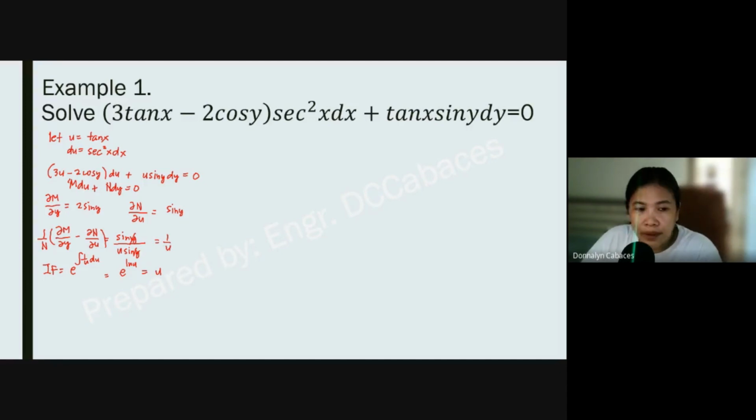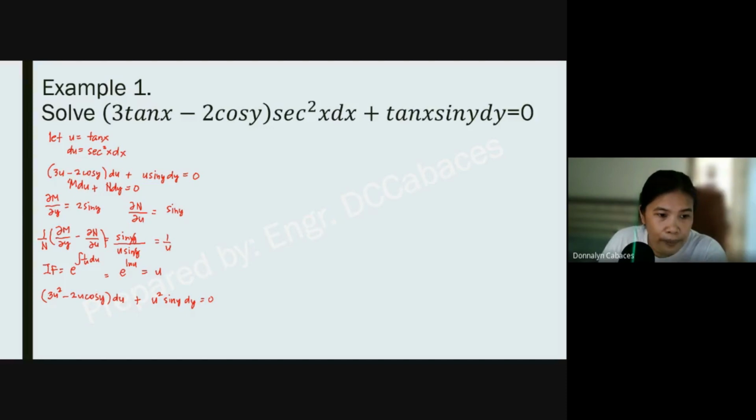Then, if we multiply that integrating factor to our equation, that would be (3u squared minus 2u cosine y) du plus u squared sine y dy is equal to 0.